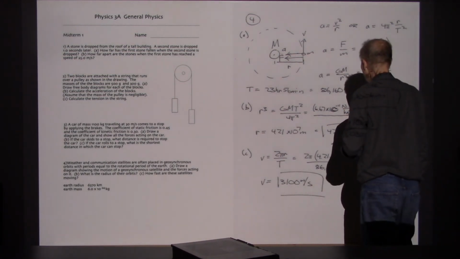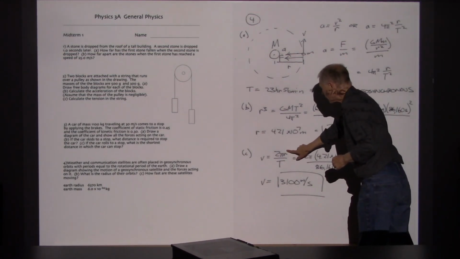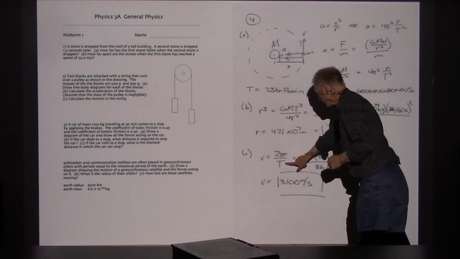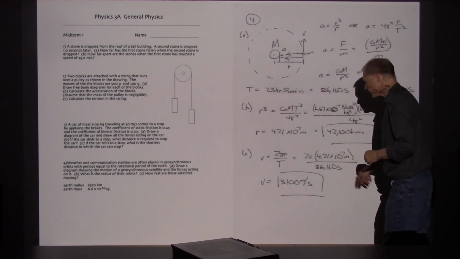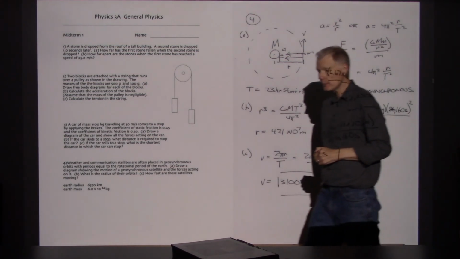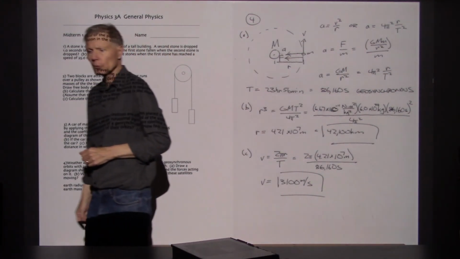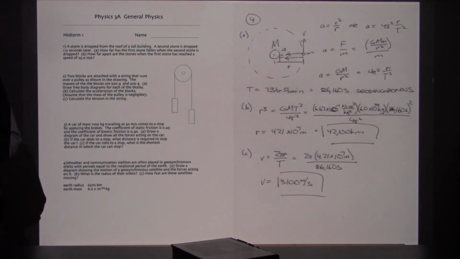It's in orbit at that point. So 2 pi r is the circumference, divided by the period, putting all these numbers in. It says that these satellites would need to be traveling at 3,100 meters per second. So it's still a pretty good speed, right?